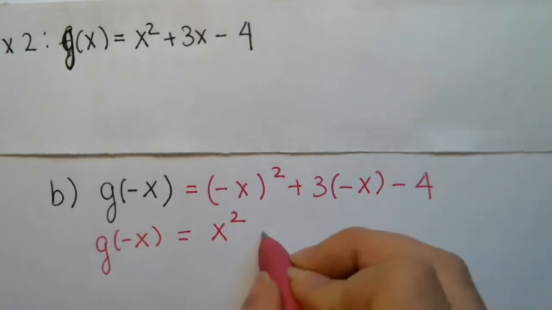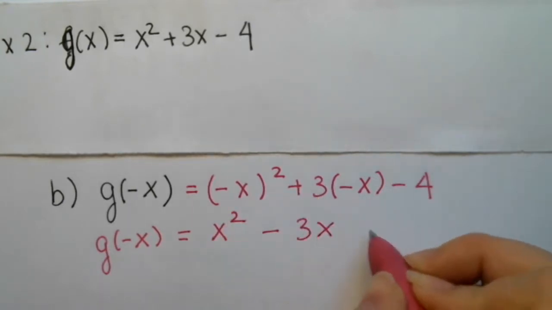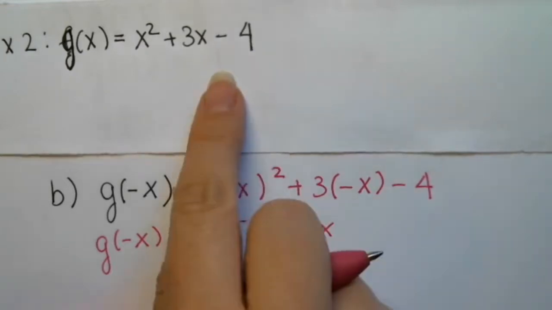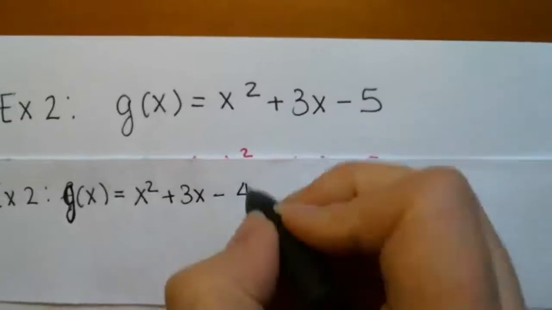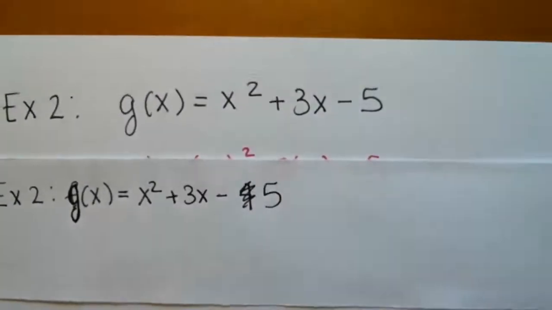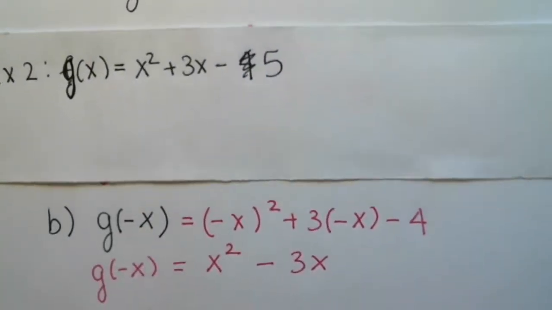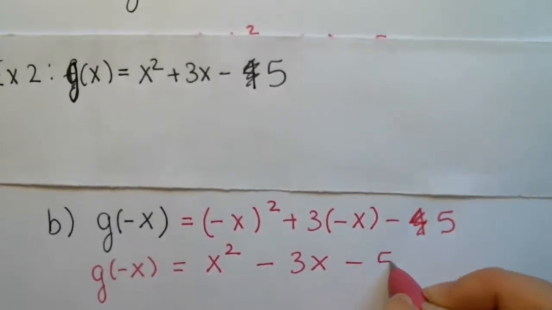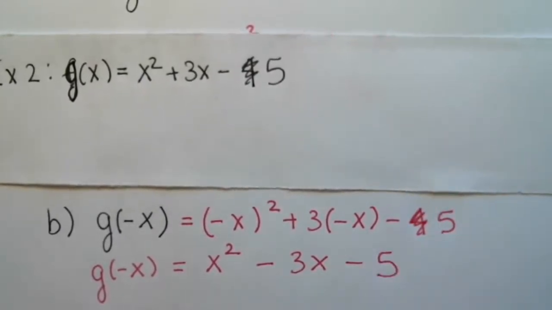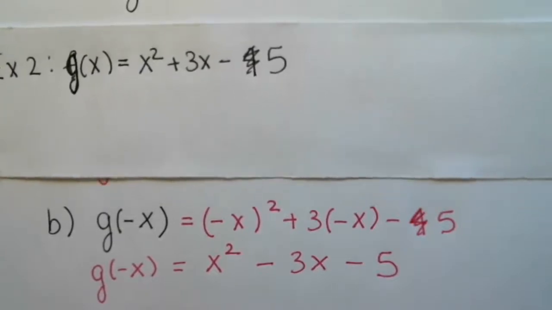Here I'm going to have minus 3x. Oops, I have -4 here, but minus 5 on the original problem. I'll put minus 5, sorry. Okay, which makes this minus 5. Just copied my own example wrong.